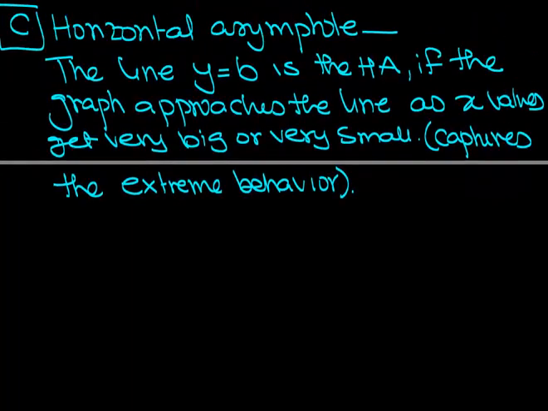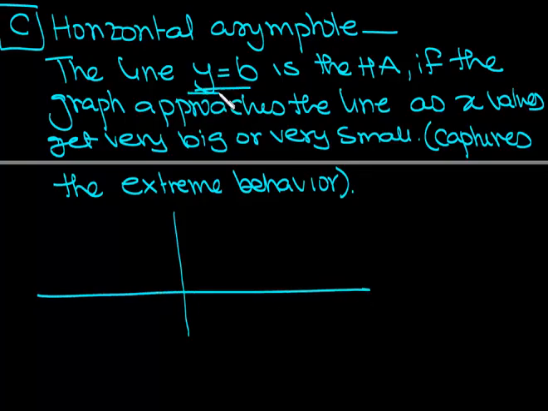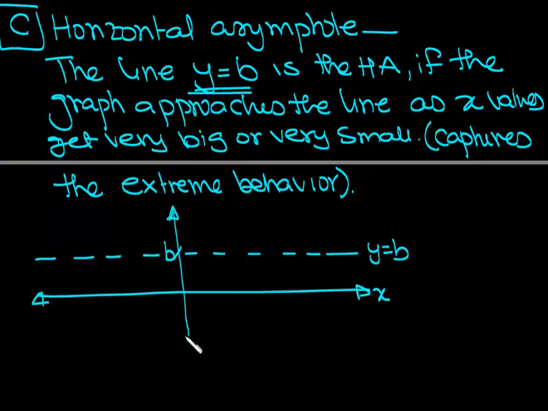So that's what this captures. Let me show you graphically what happens. You might have a line y is equal to b, a horizontal line, because y values will always be on that line. So let's say this is my line. This is b.